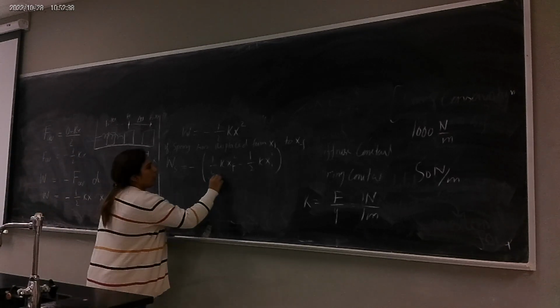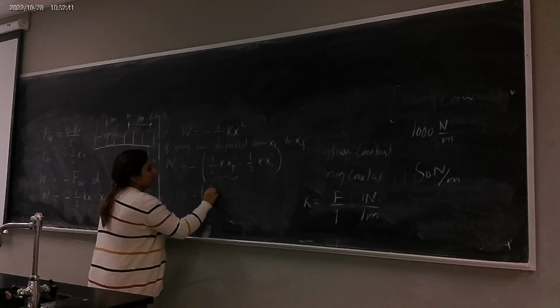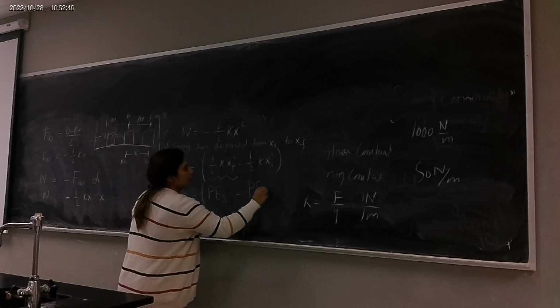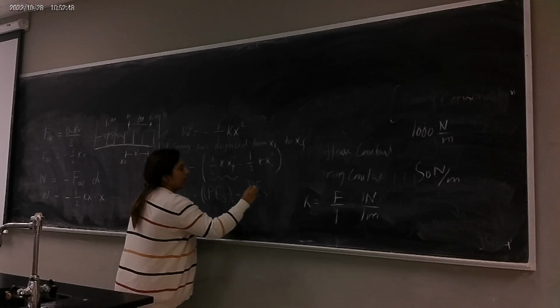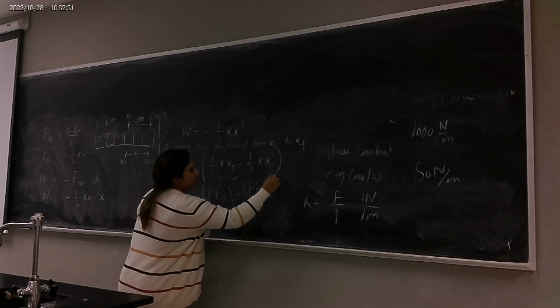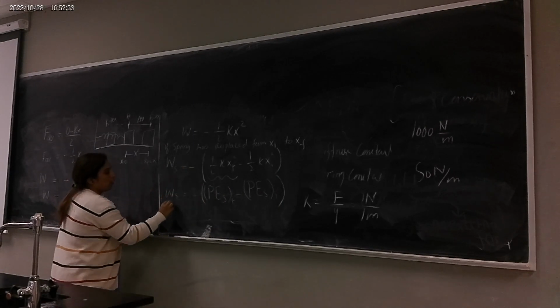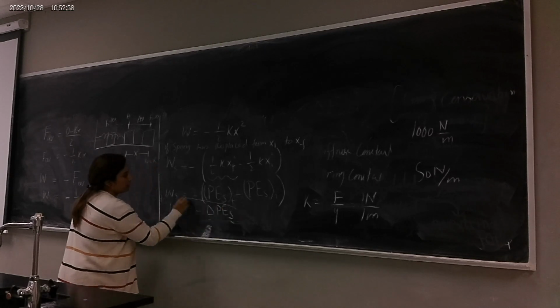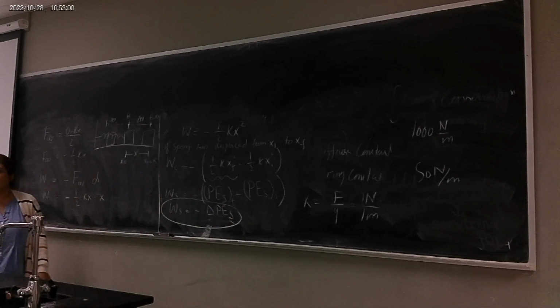This quantity is called the elastic potential energy due to the spring at the final position minus the elastic potential energy at the initial position. Or we can also write it as negative delta PEs. The change in potential energy of the system is equal to the negative of the work done by the spring force.